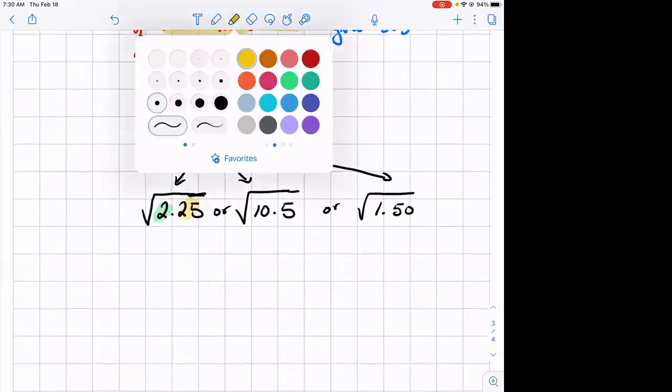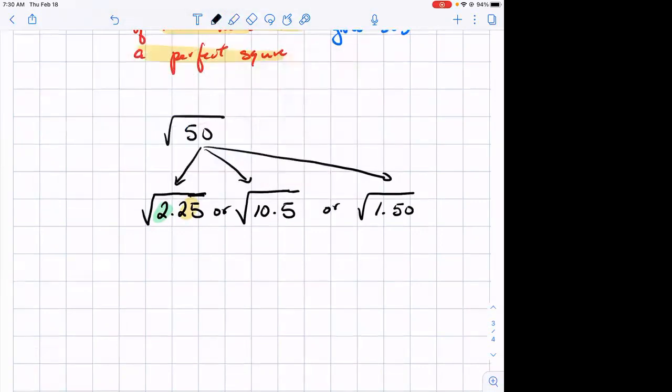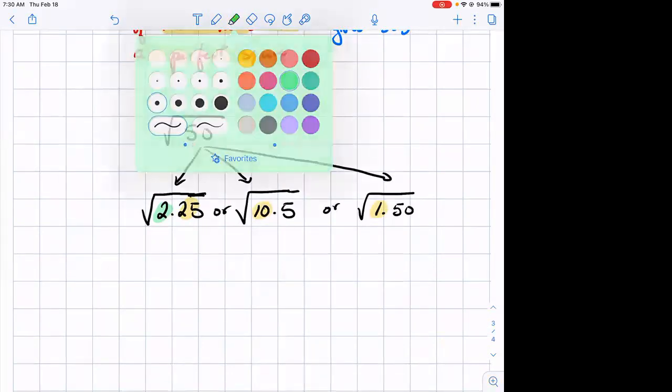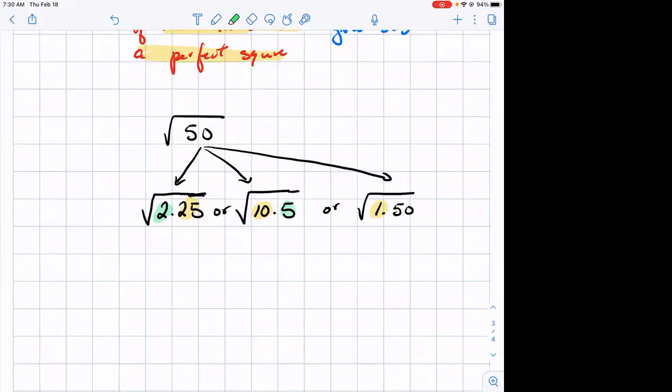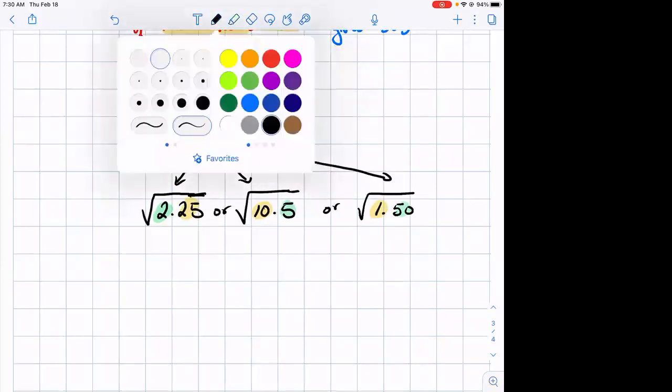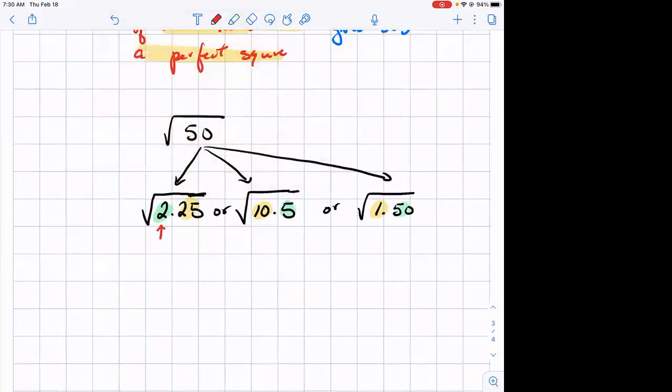One of them has to be a perfect square, meaning you know the square root of one of these numbers. Okay. So either you know the square root of 2, which you don't.